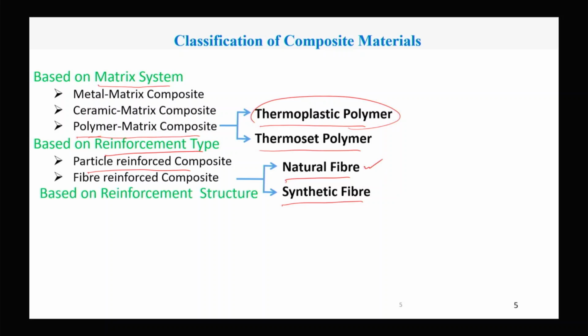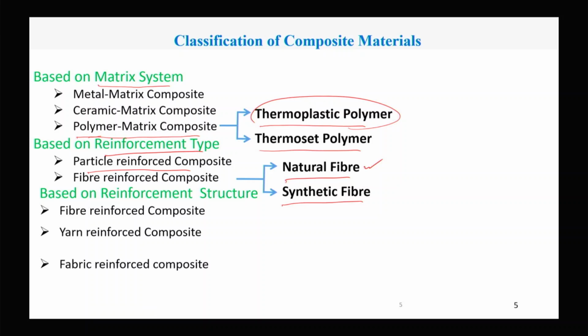Based on reinforcement structure, we can have different types of reinforcement structure. One is fiber reinforced composite. When you use reinforcement in the form of fiber, it's called fiber reinforced composite. When we use yarn or filament as a reinforcement, it's called filament reinforced composite.